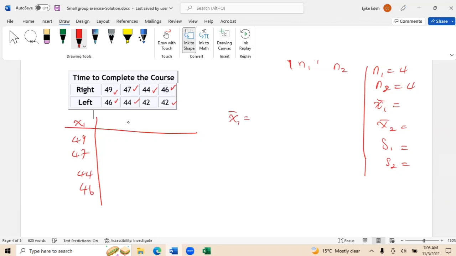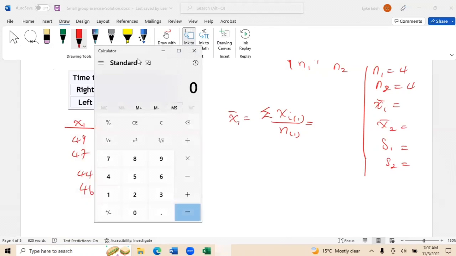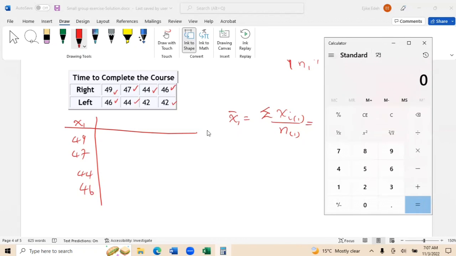The mean of group 1 is the sum of all the data in group 1 divided by how many data I have in group 1. So I should use the computer calculator so you can follow me. If we add these numbers, 49 plus 47 plus 44 plus 46 equals 186, right?